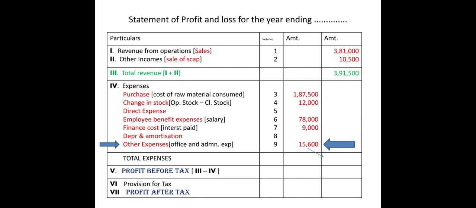Student, we have a separate category for depreciation. You can see just above other expense there is a heading depreciation and amortization. So under this heading we will write the depreciation 84,000. So student, you can see that you just have to remember the sequence.